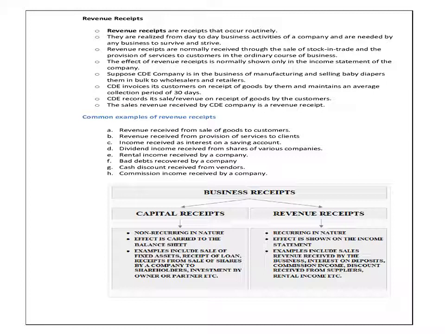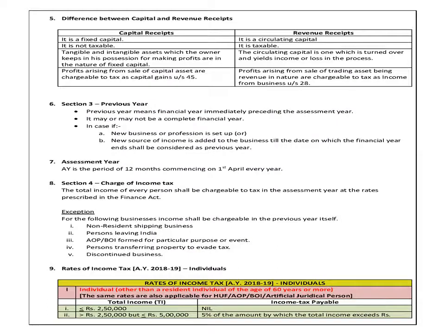Non-recurring is not happening on a day-to-day basis. So if it is happening day-to-day, it is a revenue receipt. If it is non-recurring in nature, then it is a capital receipt. This is how you have to differentiate between both. You need not mug up, just understand the concept. So we have seen the difference between capital and revenue receipts.